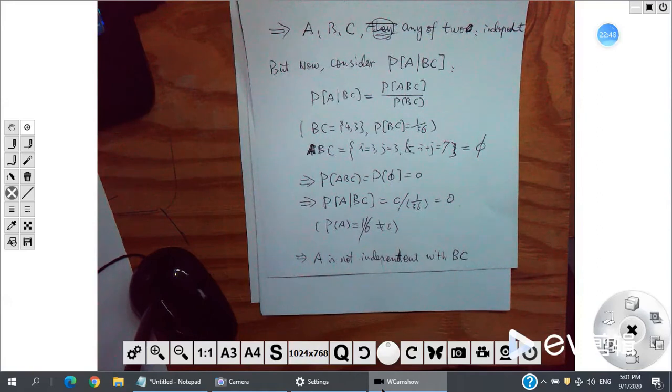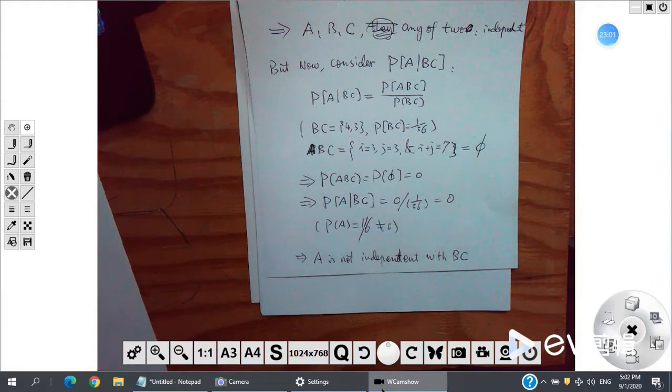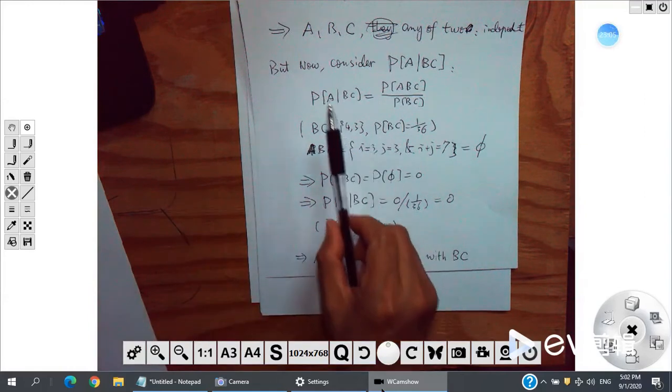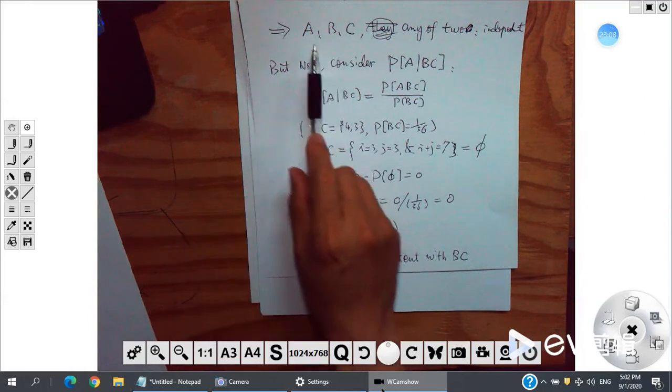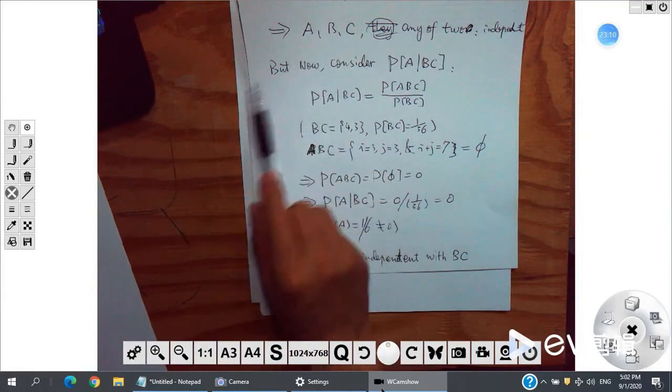Okay, now we have the idea. When you look at 3 events, you want to check the independence of these 3. You have 2 ways to think about it. One way is you think pair by pair. So like this, you look at any 2 of them, they are independent.